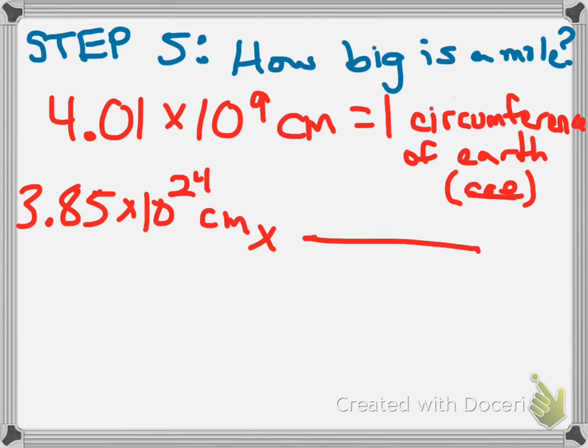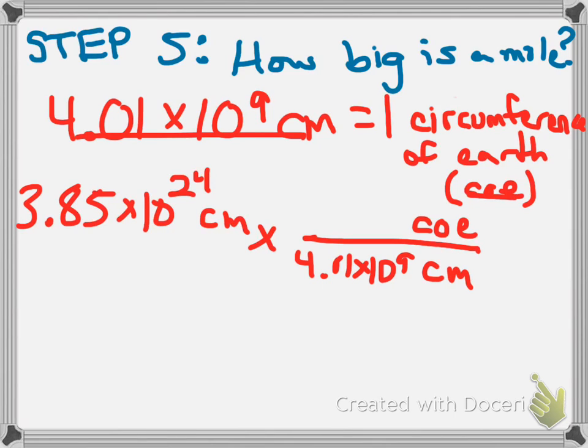And so now I'm trying to figure out how many circumferences of Earth my mole of thumbs is. So circumference of Earth goes on top and centimeters goes on bottom. So here are my centimeters, 4.01 times 10 to the 9th. And here is my circumference, 1 circumference of Earth. So 1 circumference of Earth is equal to 4.01 times 10 to the 9th centimeters. So I want to know how many circumferences is 3.85 times 10 to the 24th.